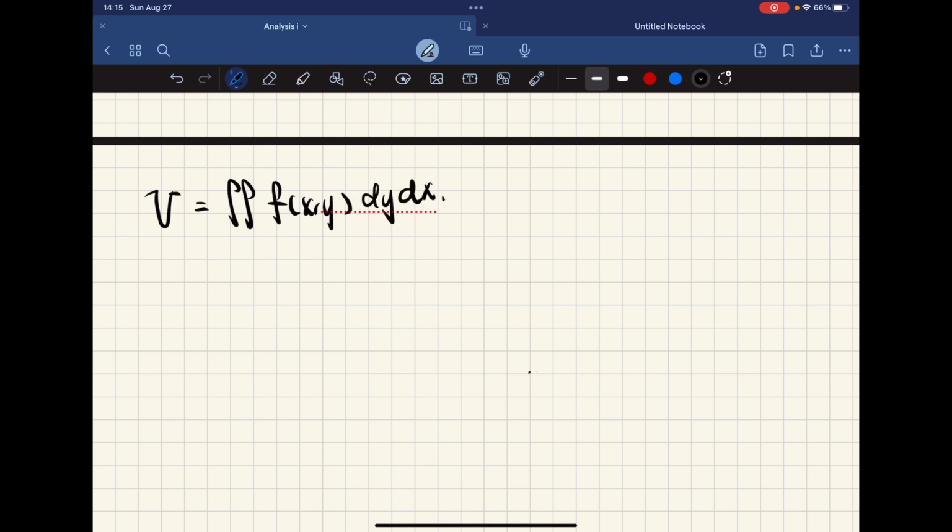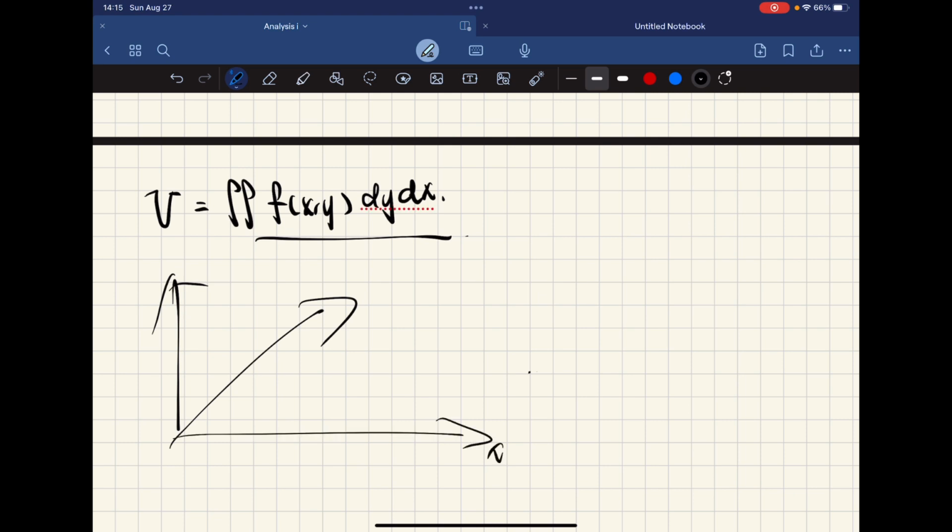This integral you can interpret as follows. You can establish a three-dimensional coordinate system, x, y, and z, and basically on the point (x, y), you go up the z coordinate and you find the point where z is equal to f(x, y), and then you can visualize the function.